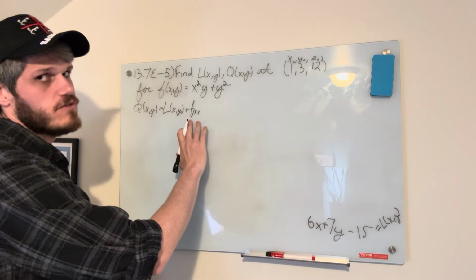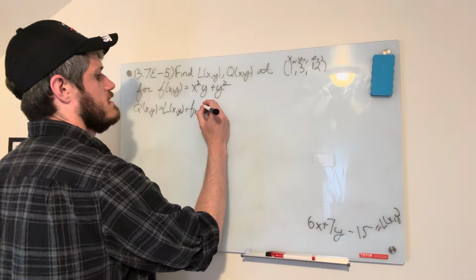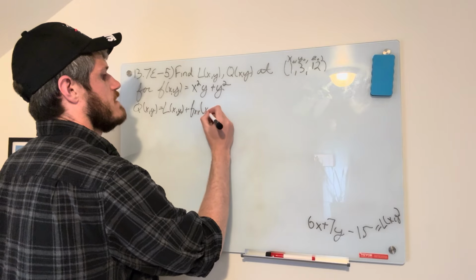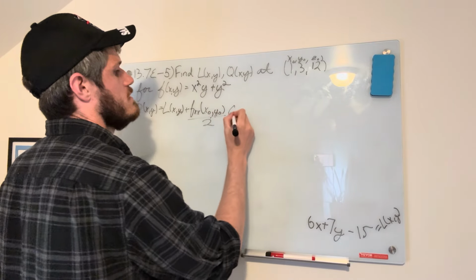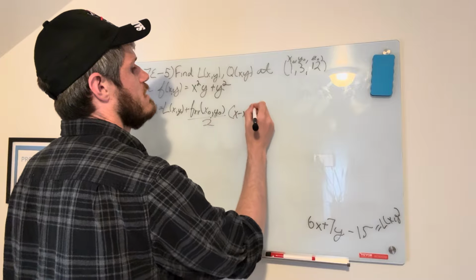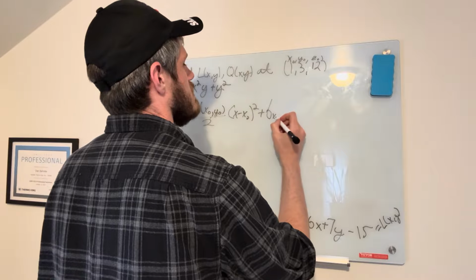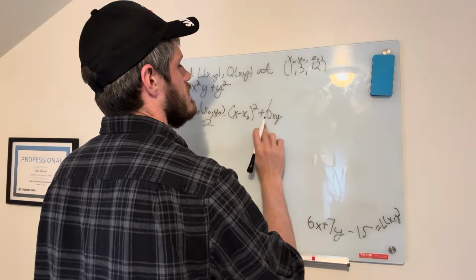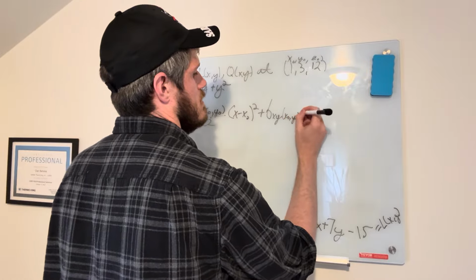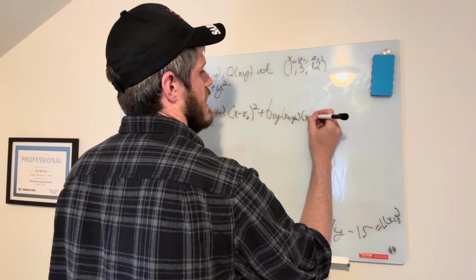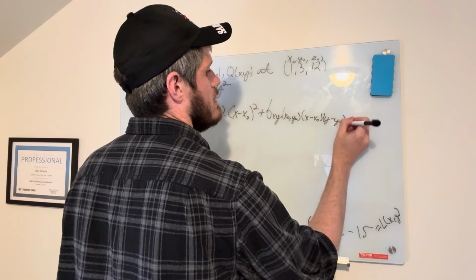Your second partial derivative with respect to x, so f sub x x, evaluated at your point, x naught, y naught, over 2 times x minus x naught squared, plus your mixed partial derivative, so f sub x y, evaluated at the point, times x minus x naught, y minus y naught.